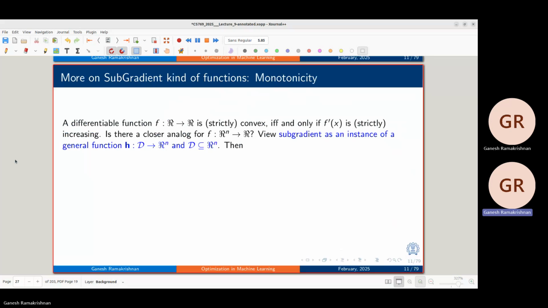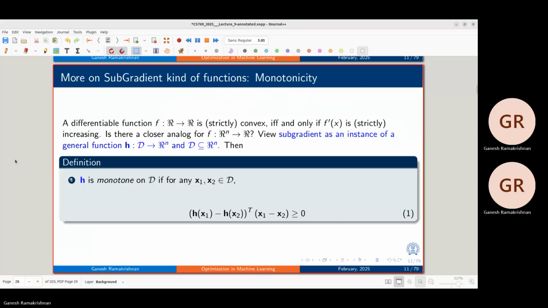So can we use subgradients as an instance of a general function from D to Rn, where D is a subset of Rn? Okay, so yes, a subgradient kind of function H is monotone if the dot product of the difference of the function on two points x1 and x2 with the difference of x1 and x2 is greater than or equal to 0.